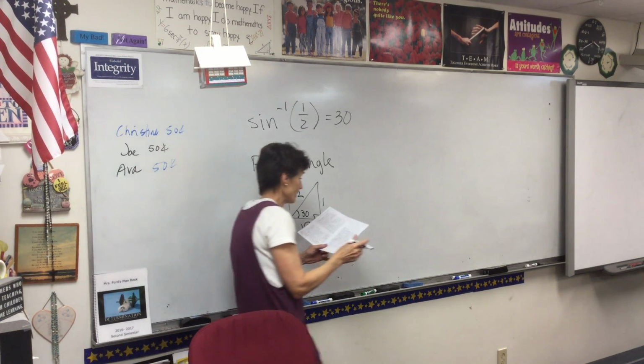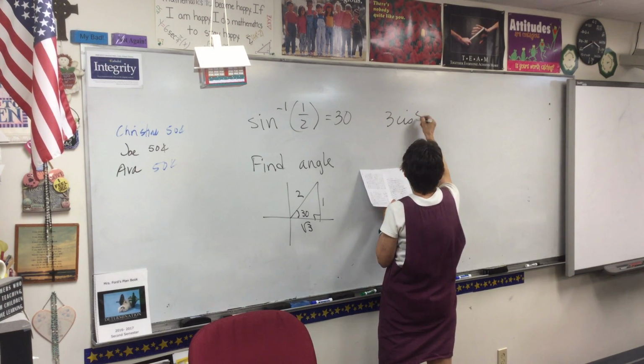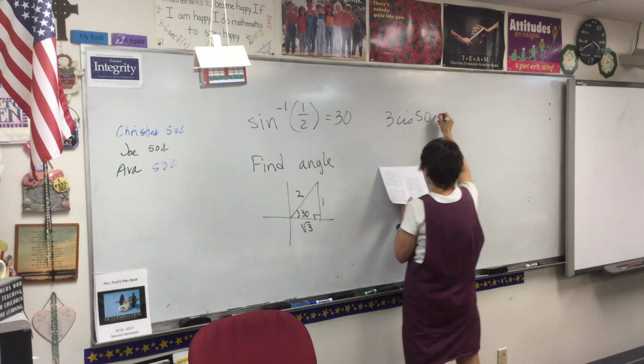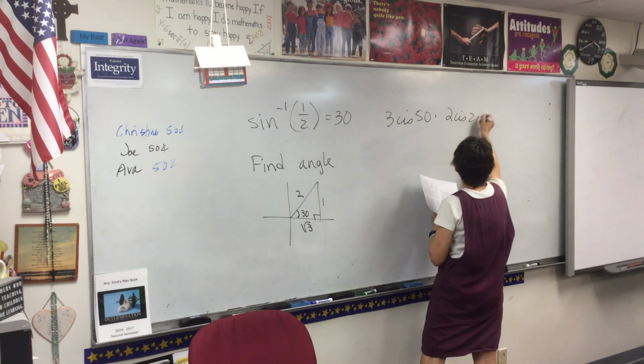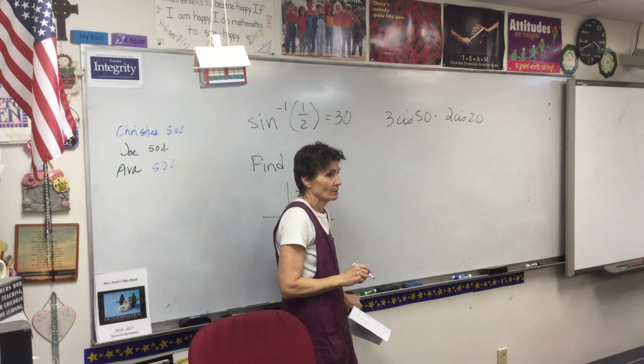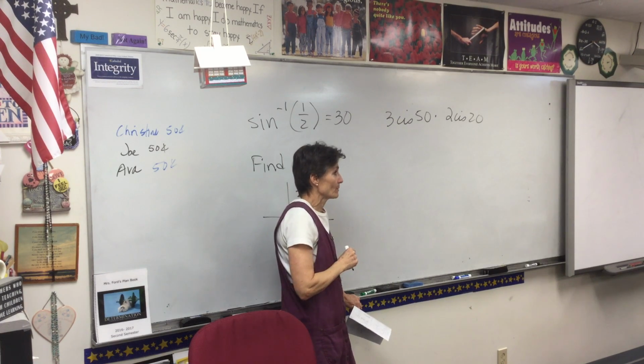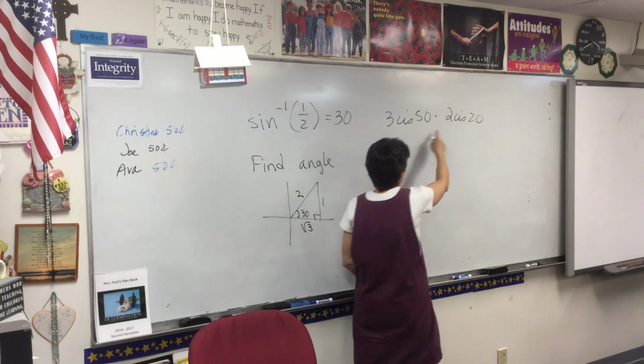All right, 37. This is an easy one if you remember the rule. 3 CIS 50 times 2 CIS 20. Now we are multiplying these two numbers together. Do you remember the rule? Should be a snap of a finger. We multiply the 3 and the 2 and then we add the 50. Exactly.